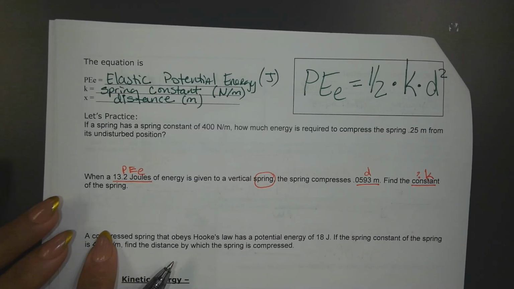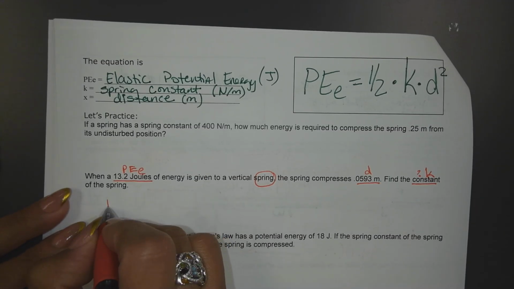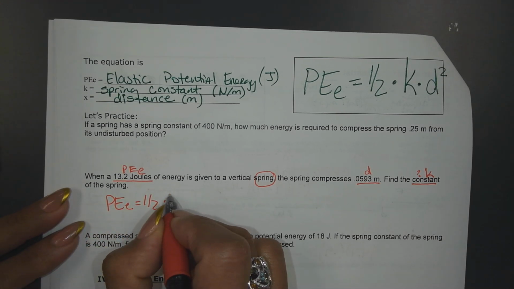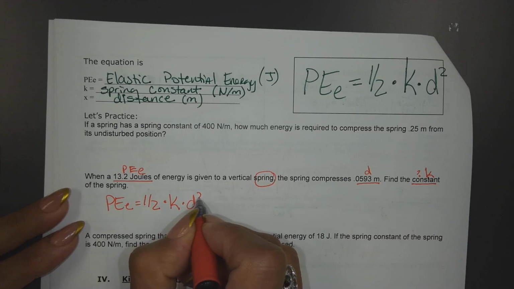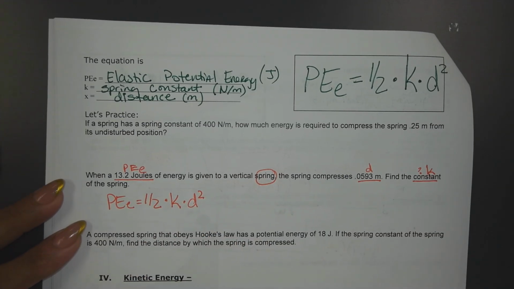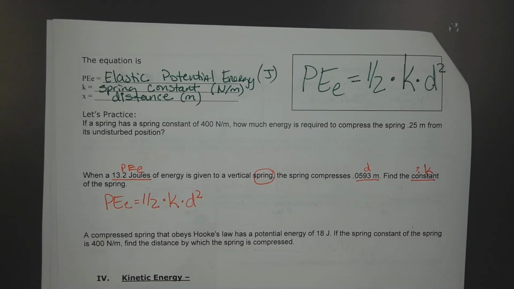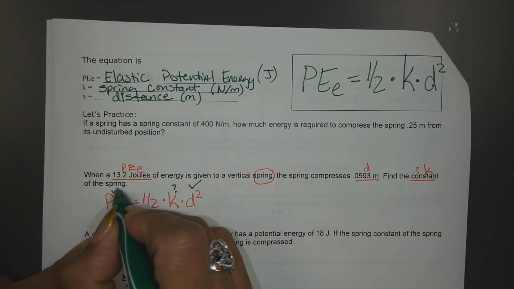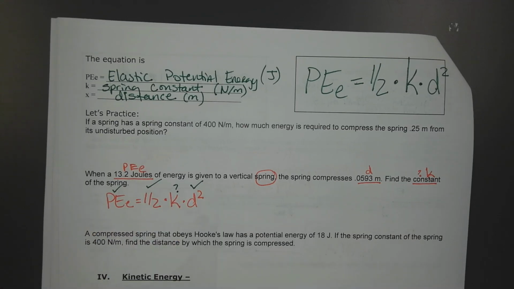So my equation for elastic potential energy is PE_E equals 1/2 times k times d squared. Well, 1/2 is 0.5, so they don't need to give us that number. We're actually looking for the k. I have the distance, I have the PE_E, and I do have the 0.5, so it looks like I can solve for this.